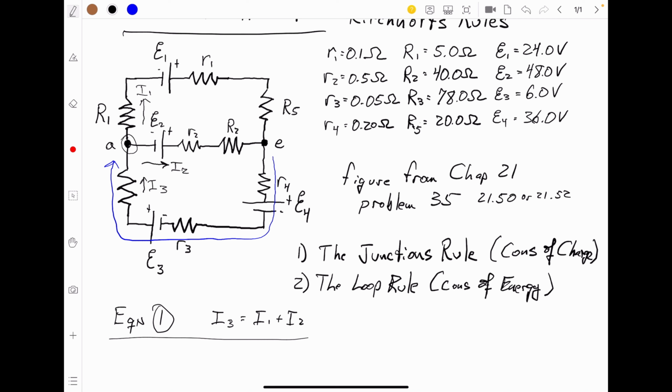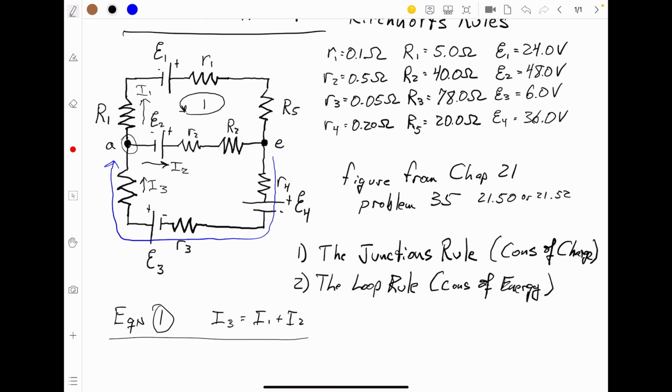So in this first top half, I'm going to say this is loop 1, and I'm going to start, it doesn't matter, at EMF 2, and go all the way back around to EMF 2. So we'll start here and go all the way back around. That's our loop 1.